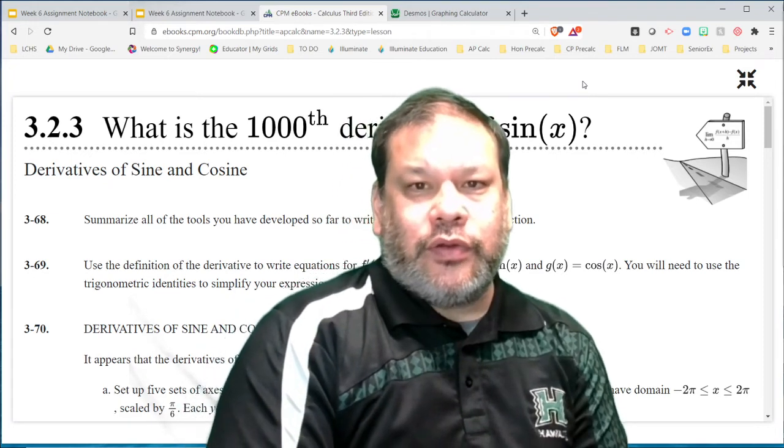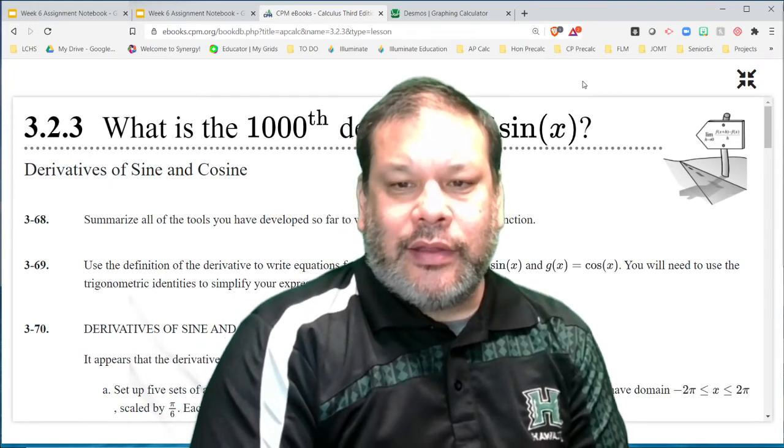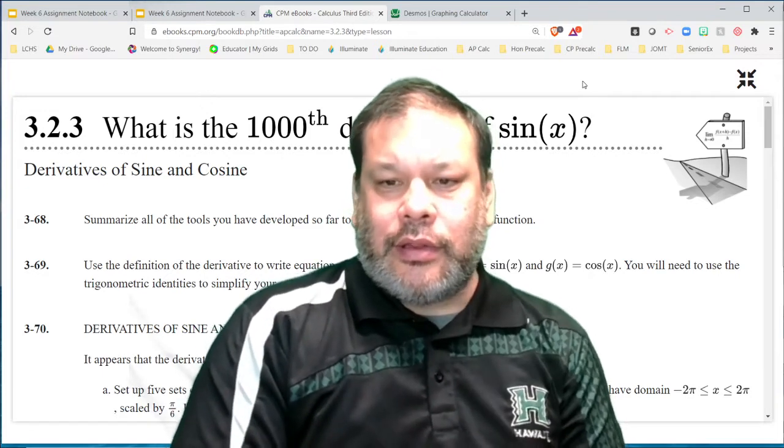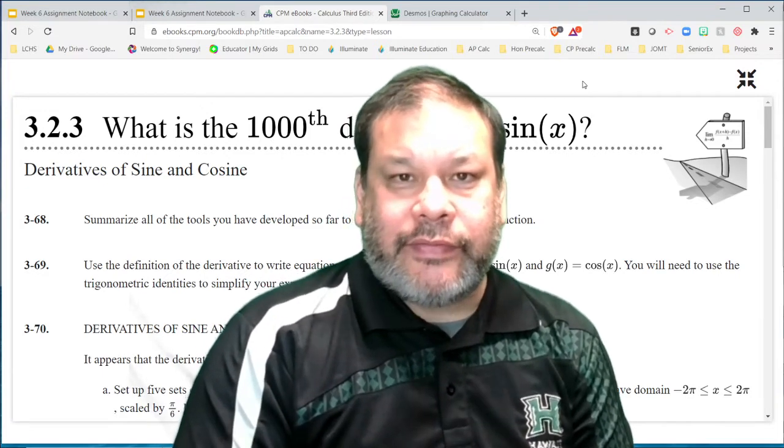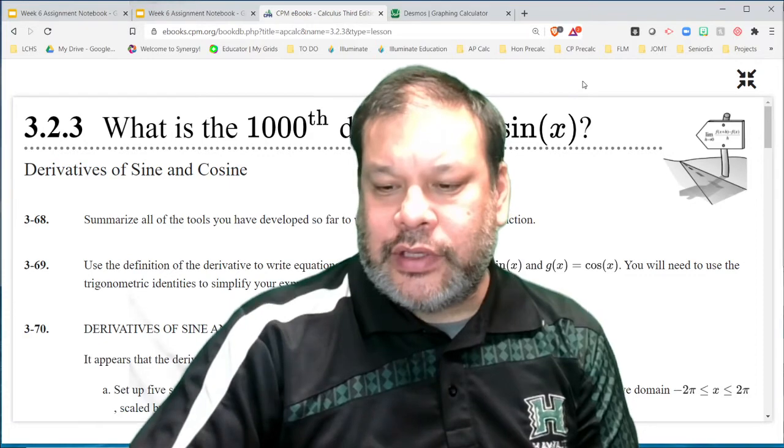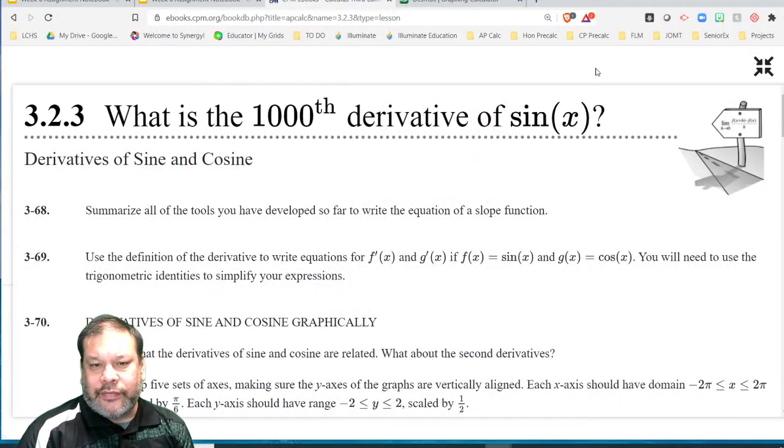And what they want you to do is find the derivative of sine and cosine using the formal definition of the derivative.